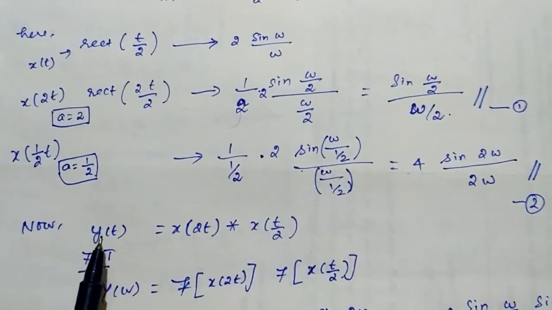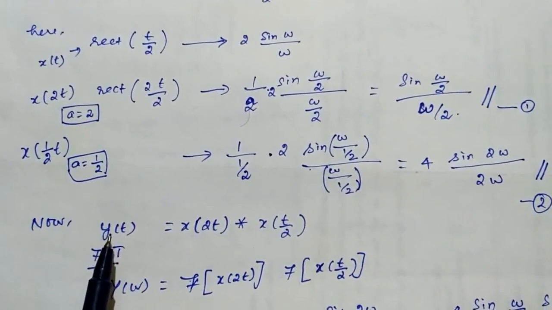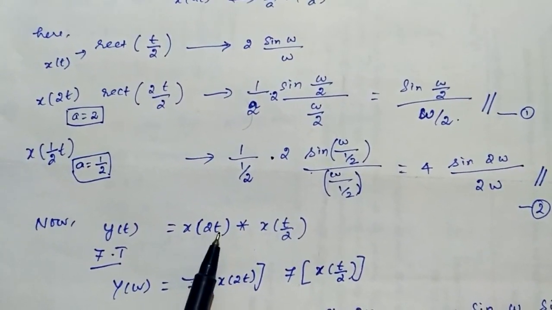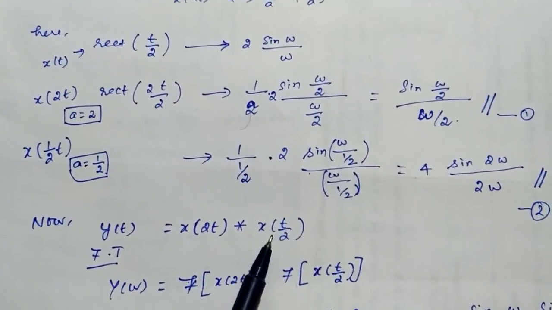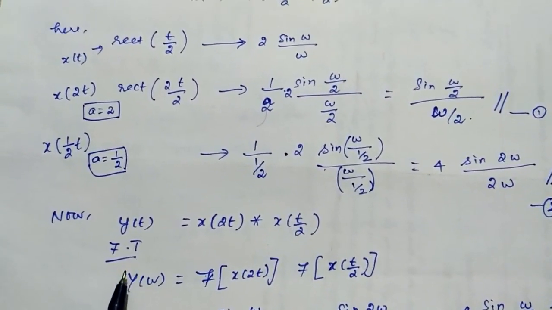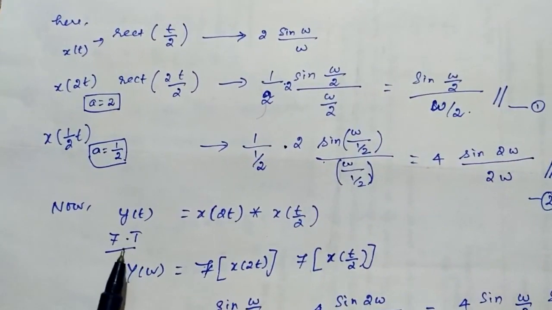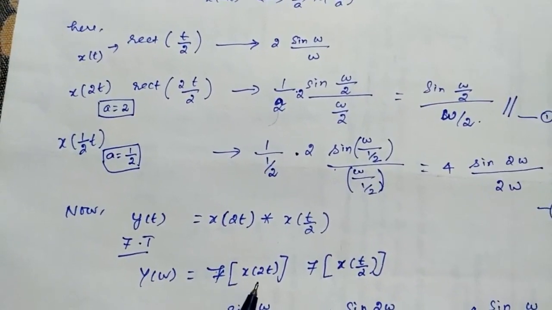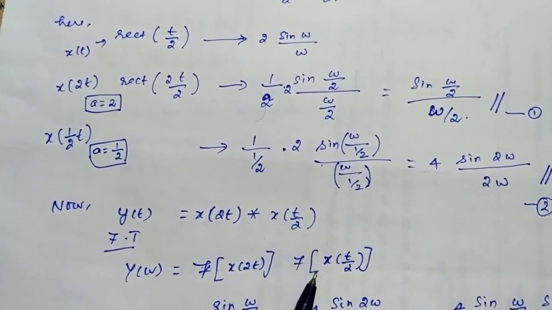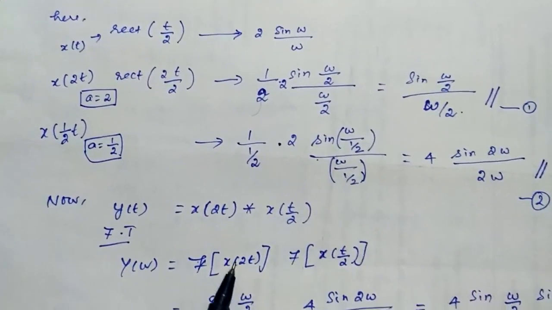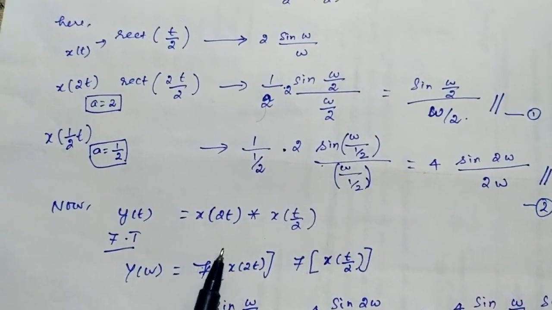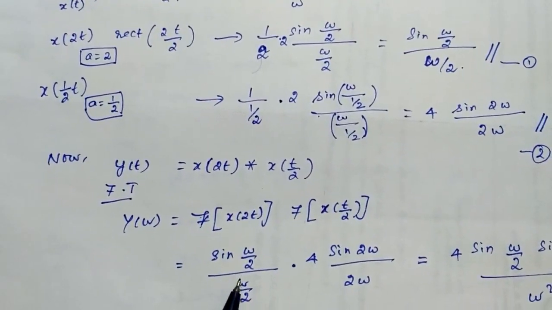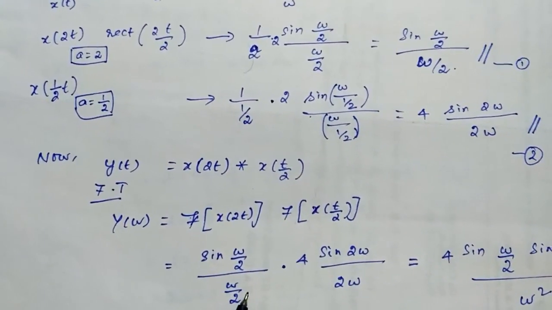Now the question asked is, what will be the Fourier transform of y of t, which is the convolution of x of 2t and x of t by 2. Let me take the Fourier transform on both sides. So y of omega is the Fourier transform of x of 2t times the Fourier transform of x of t by 2. We found the Fourier transform of x of 2t is equation 1, that is sine omega by 2 over omega by 2.